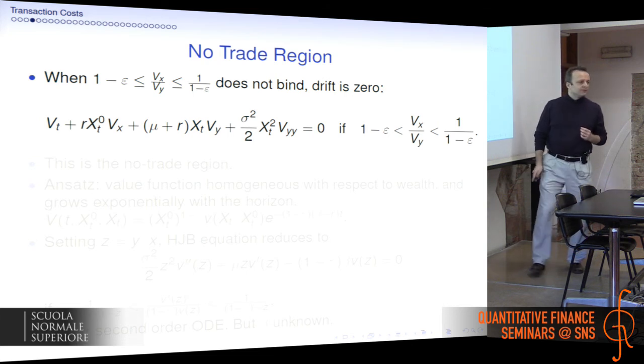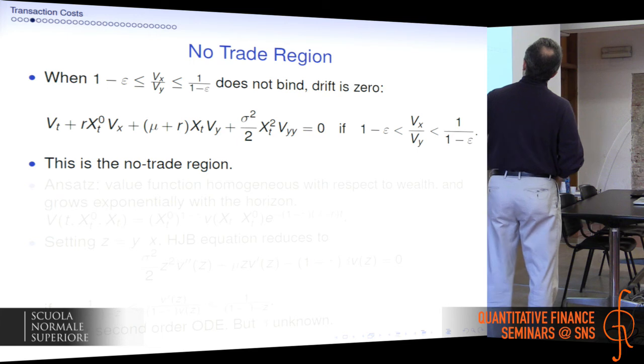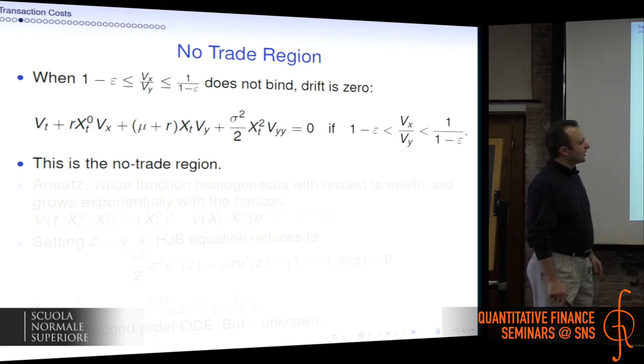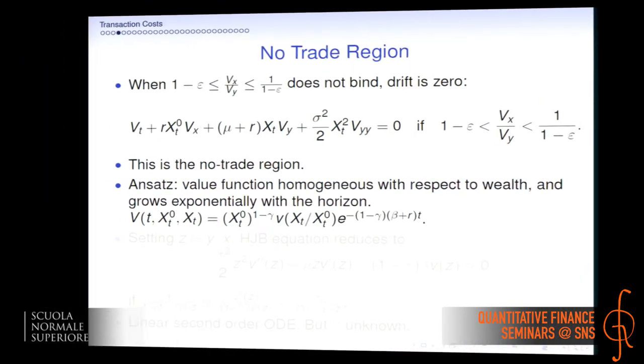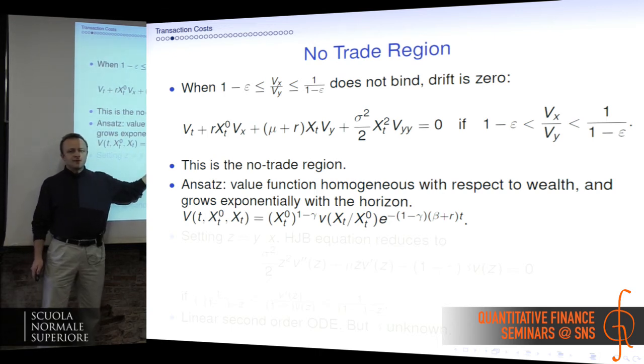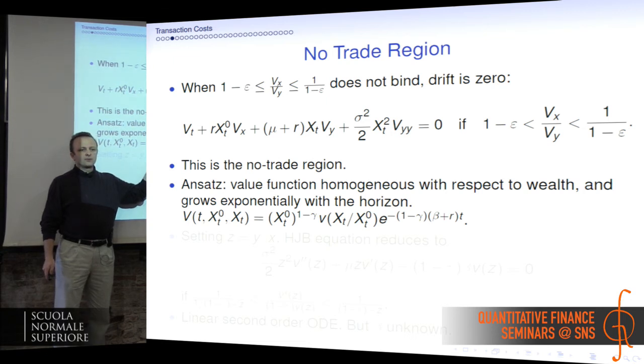Now, what we want to do is to solve this equation. In particular, we want to find V, and we want to find when this is happening and when this is happening. Okay? So how do we do this? We start using the wisdom we have accumulated from the previous problems, and we start factoring out the dependence on one of the two wealth variables.